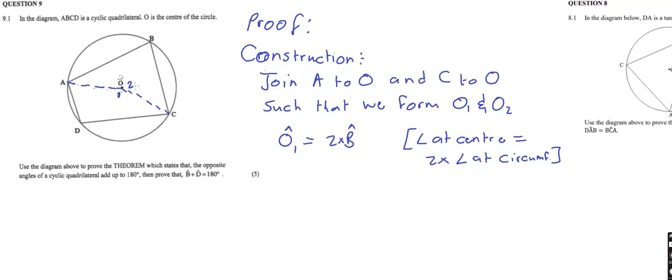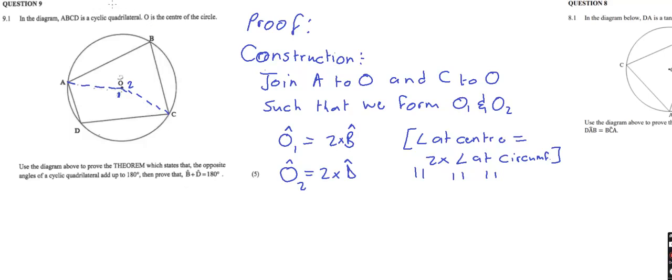And then O2 will also be an angle at the center. However, it's going to be equal to twice the angle D instead of B. So this is going to be 2 times D. And the reason is the same: angle at center equals 2 times angle at circumference. Write it out completely.